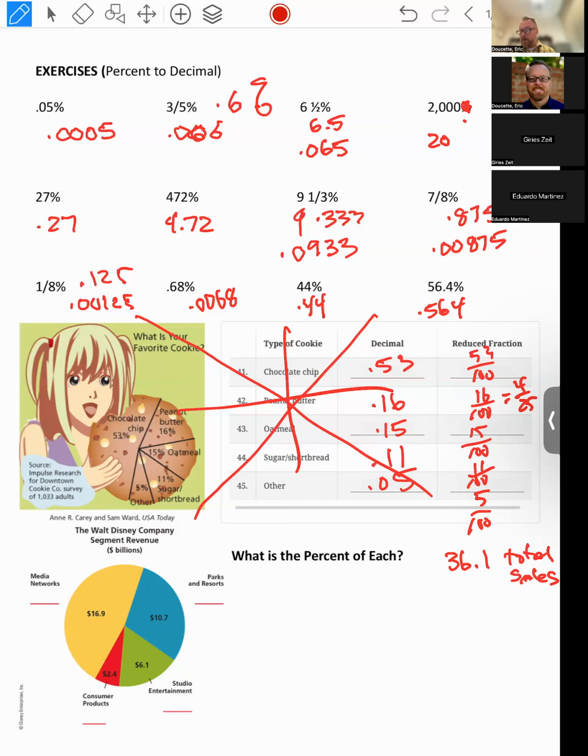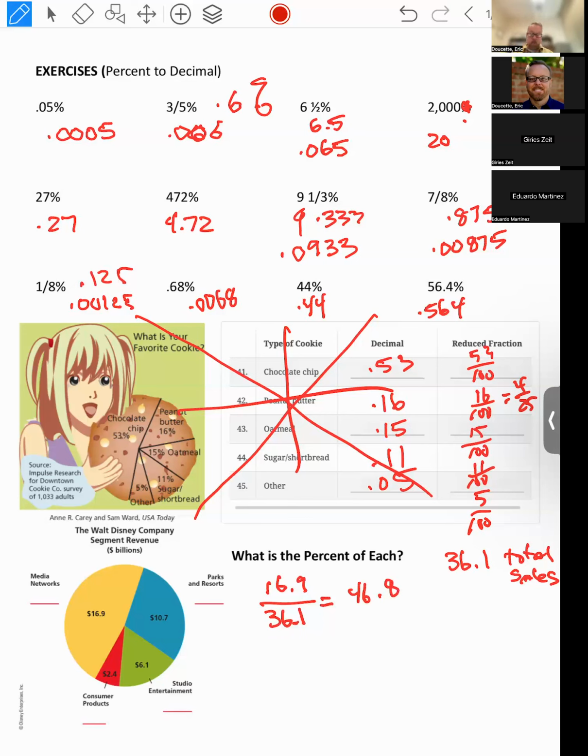Okay. So they're asking you, what is the percentage of each of the different departments? So for instance, media networks: if it's 16.9 of their total, then all I would need to do is take the 16.9, and these are dollars, divided by the 36.1, and that would give me a total of 46.8.